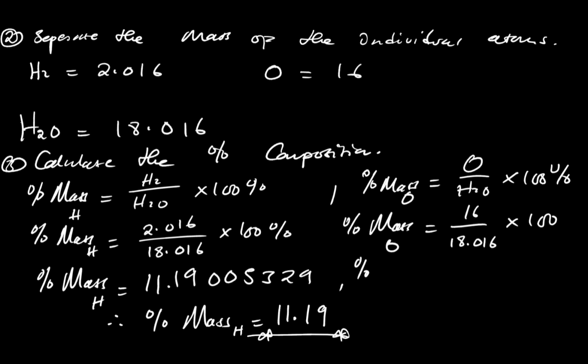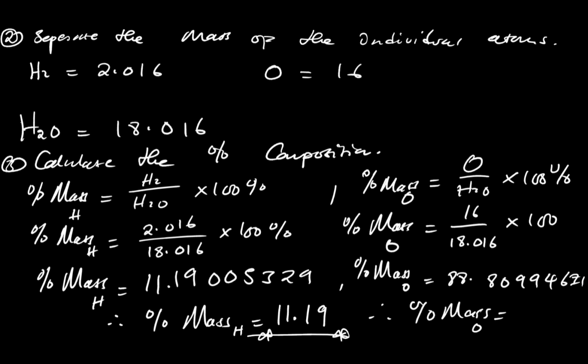This will be 88.80994671. Therefore, the percentage by mass of oxygen will just be 88.81%. Like we had 11.19% there, so you can prove this: if you add 88.81 to 11.19%, you get 100%.